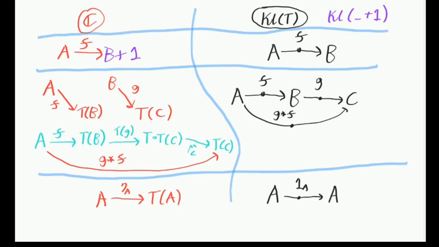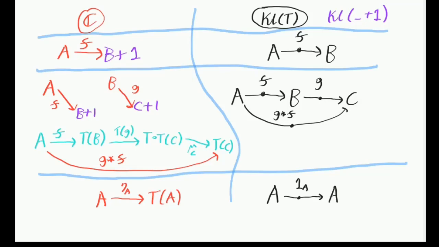And the really cool thing here is that when you work in this Kleisli category of the maybe monad, it gives you a way to compose together these kinds of functions which might output error values. So in particular, let's look at this situation. We have this function f, which goes from A to B plus 1. And we have this function g, which goes from B to C plus 1. And so now how do we compose these together?